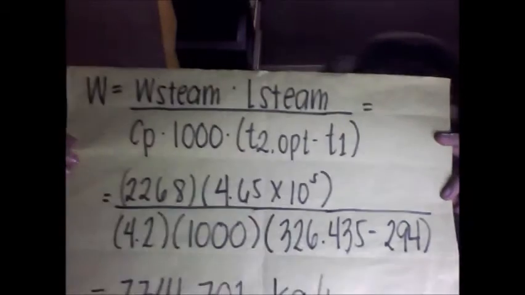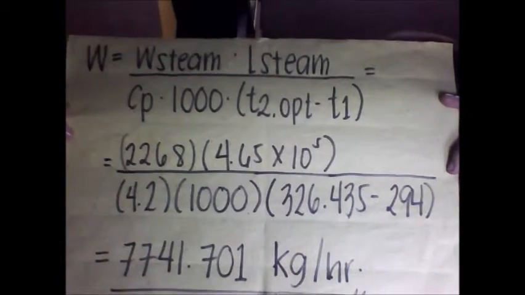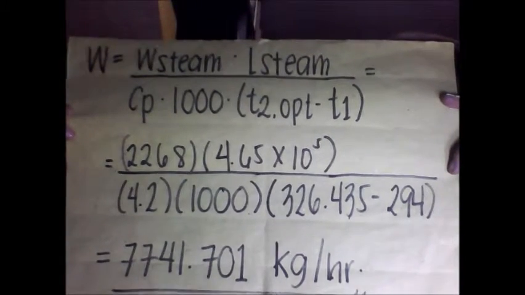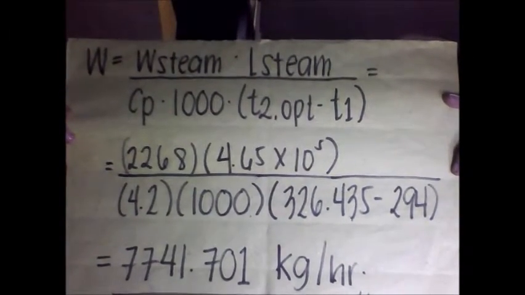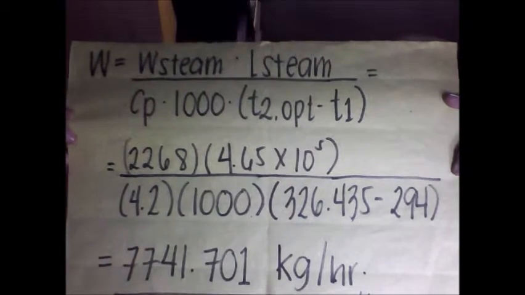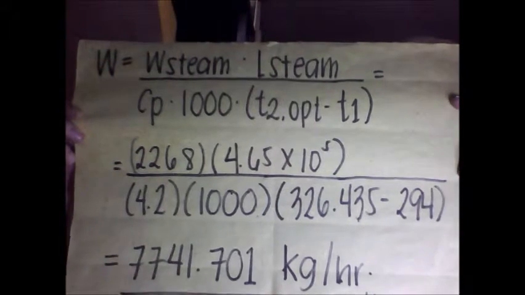So by getting the optimized exiting temperature, we can now solve for the mass flow rate of the cooling water by using this formula. So mass flow rate of the cooling water is equal to the flow rate of the steam times the heat of condensation of steam over Cp times 1000 times the optimized exiting temperature minus T sub 1.